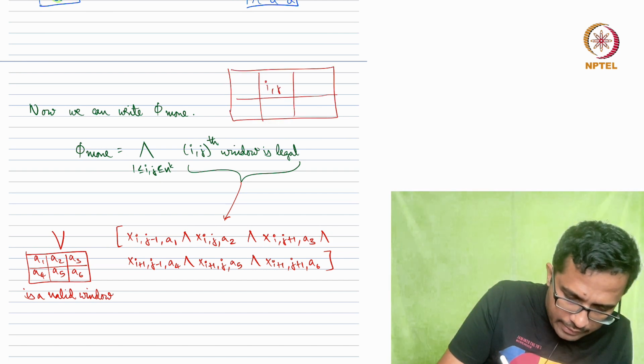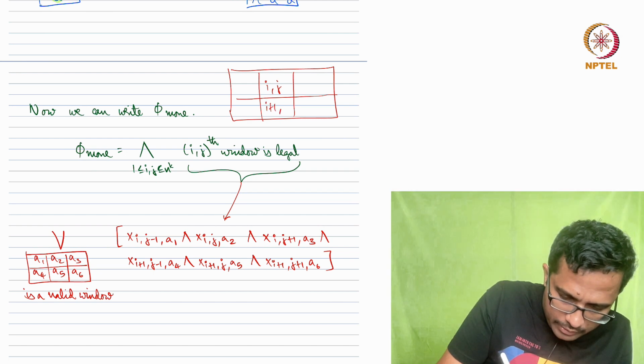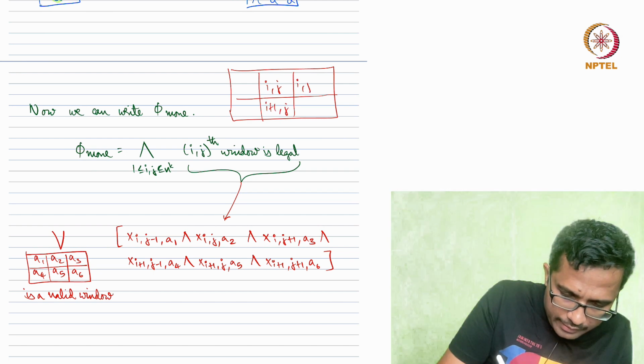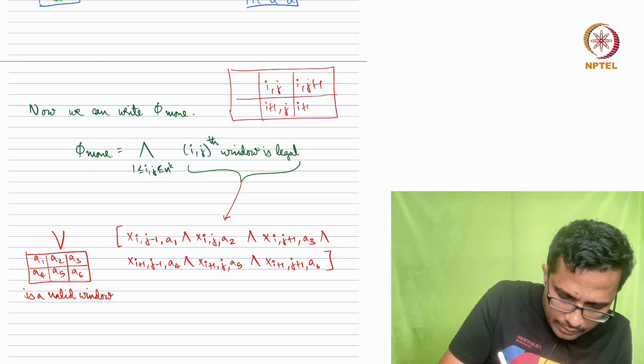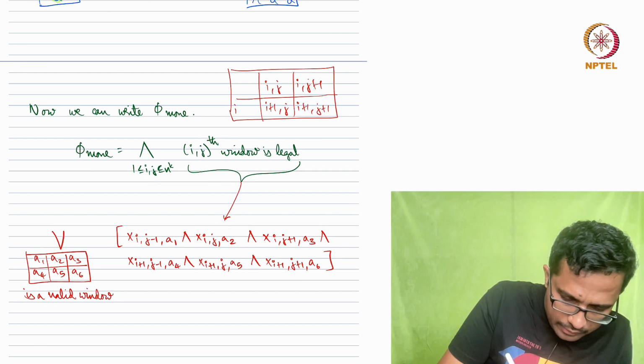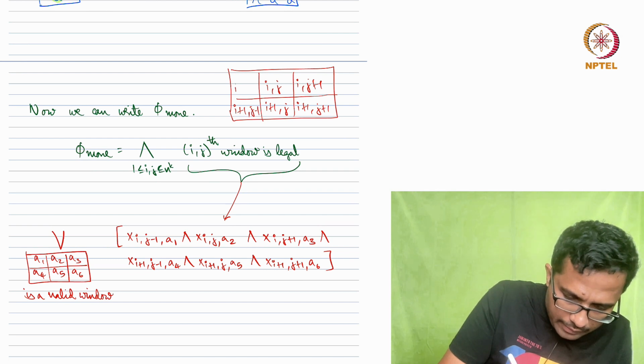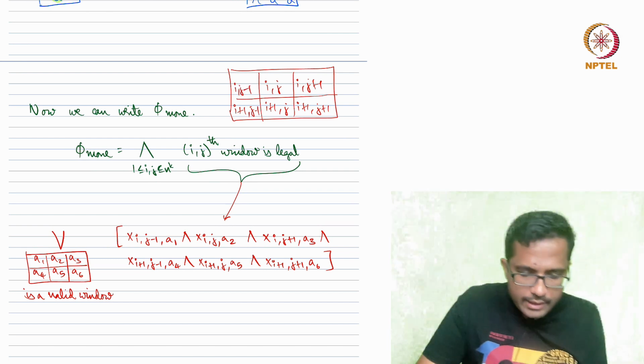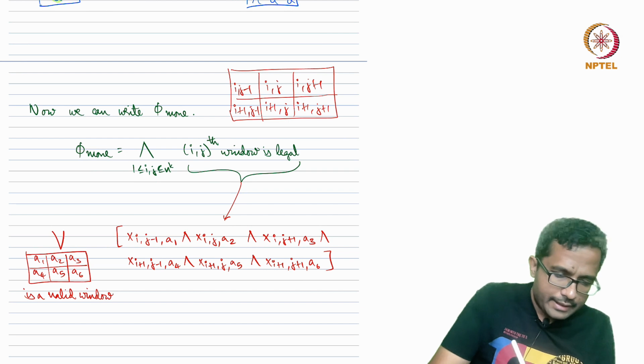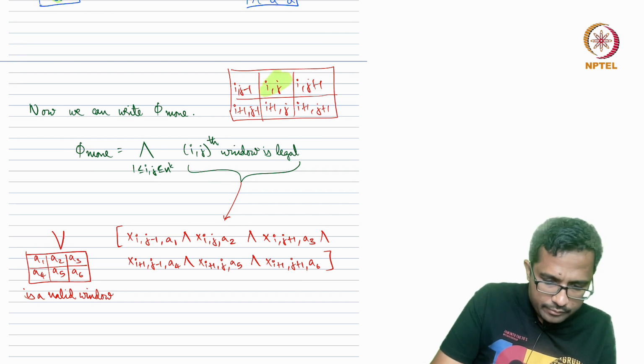So this is ij, this is i plus 1, j, ij plus 1, i plus 1, j plus 1, i plus 1, j minus 1 and ij minus 1. So when I say ijth window, I mean the window where ij is in the top middle, right?